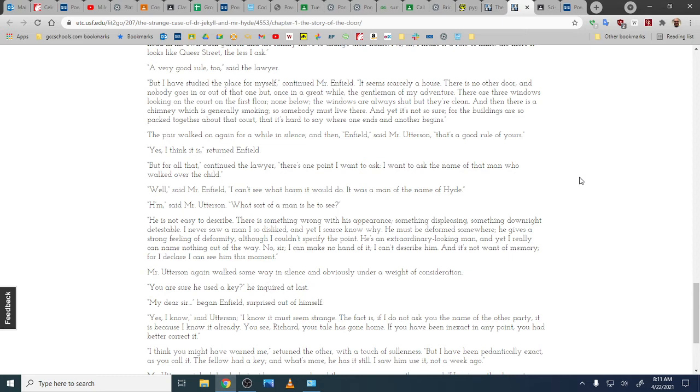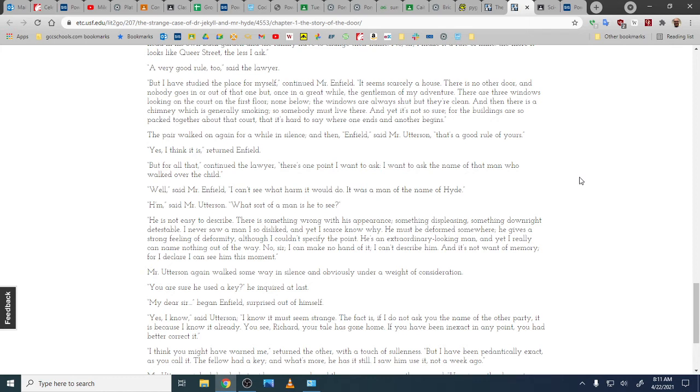"But I have studied the place for myself," continued Mr. Enfield. "It seems scarcely a house. There is no other door, and nobody goes in or out of that one but once in a great while, the gentleman of my adventure. There are three windows looking on the court on the first floor. None below. The windows are always shut, but they're clean. And then there is a chimney which is generally smoking, so somebody must live there.